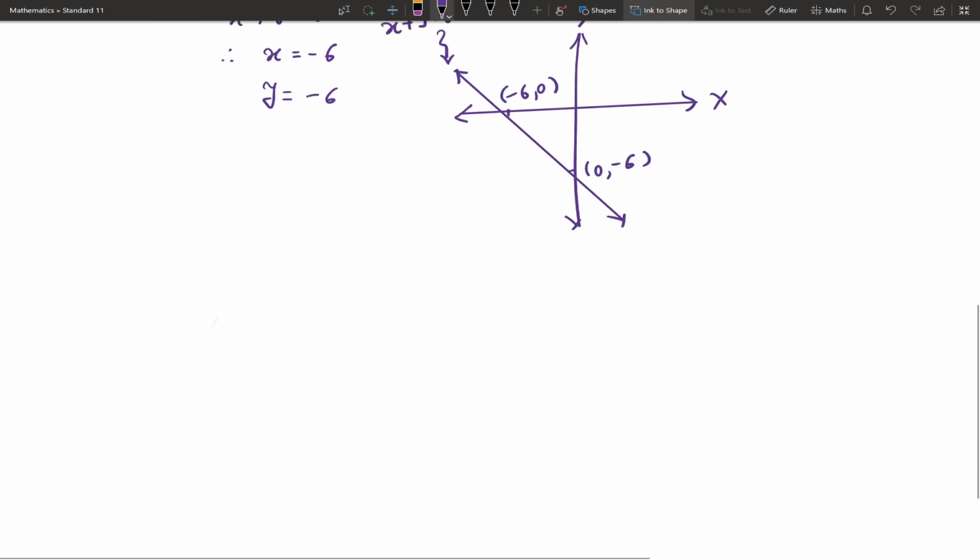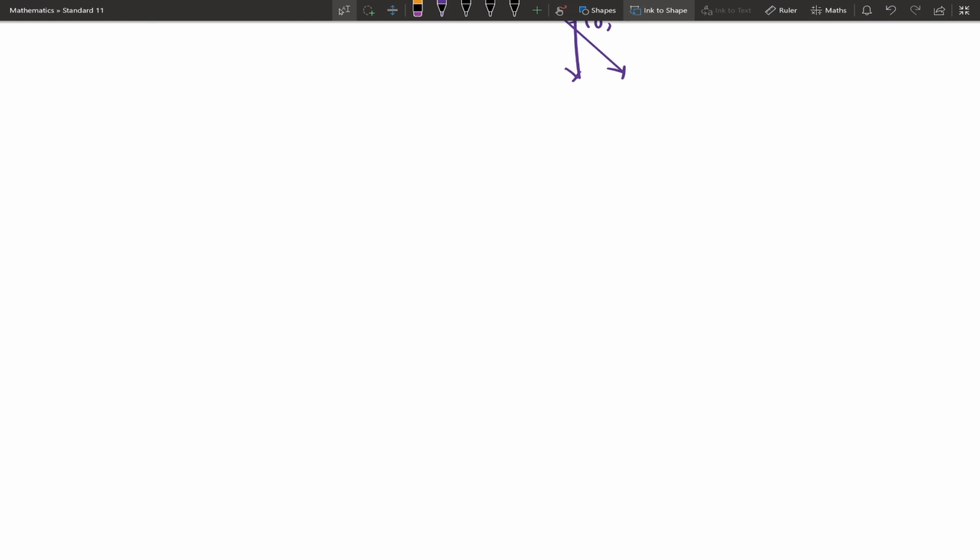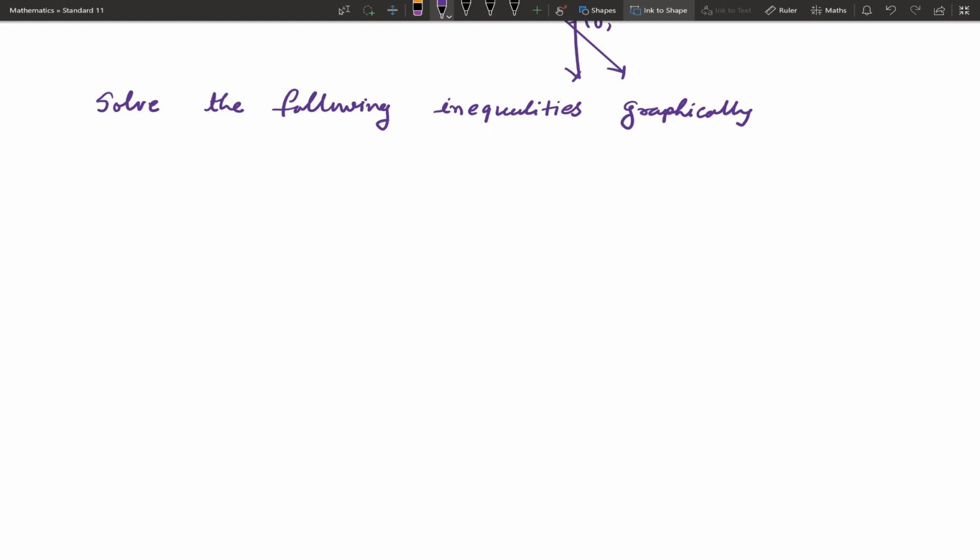Now we discuss the solution of linear inequalities graphically in two-dimensional plane. The question is: solve the following inequalities graphically in two-dimensional plane.